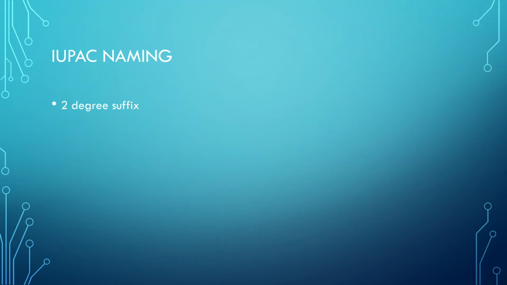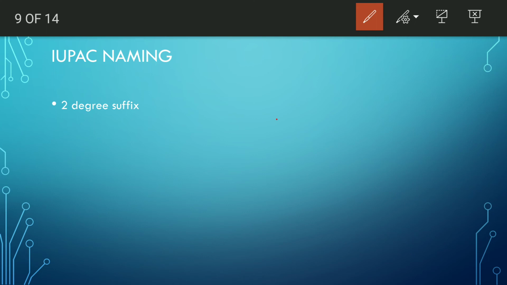So let's move to the 2 degree suffix. What's the 2 degree suffix? OH. You all know when there is a functional group, right? We have a specific suffix for this functional group. So as our lectures move, then automatically you'll get all the suffixes of functional groups.